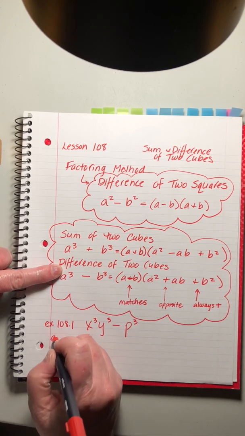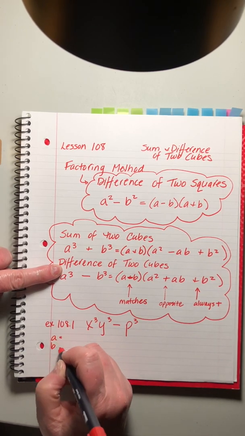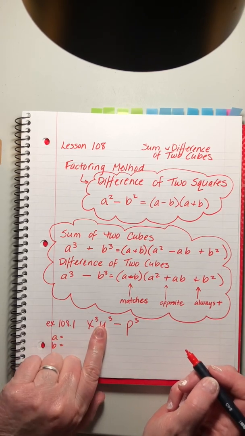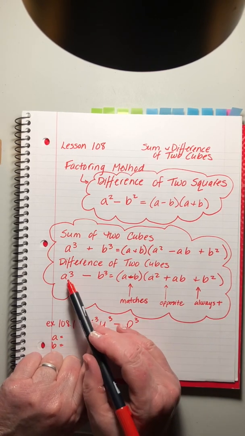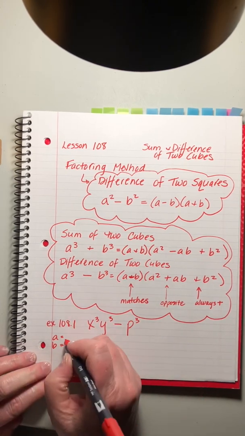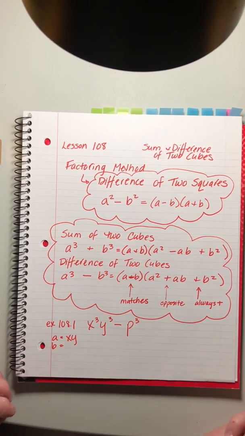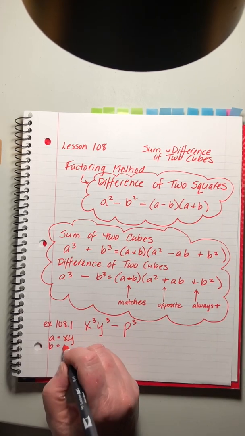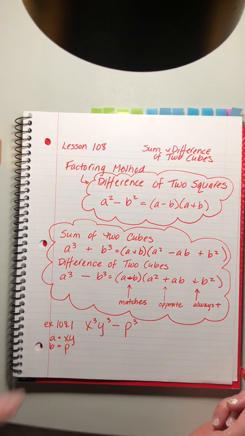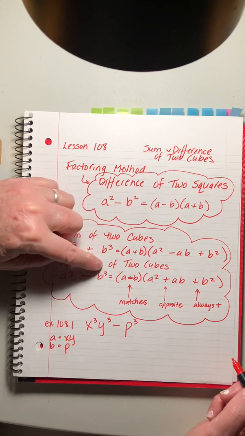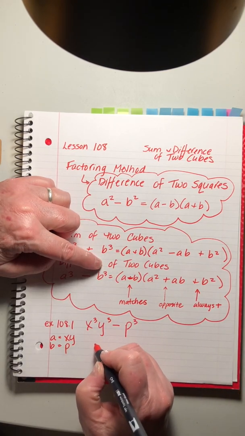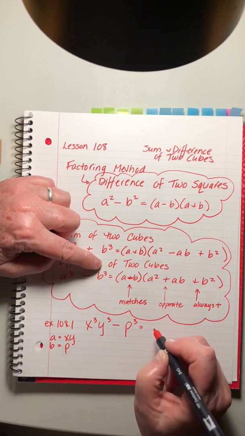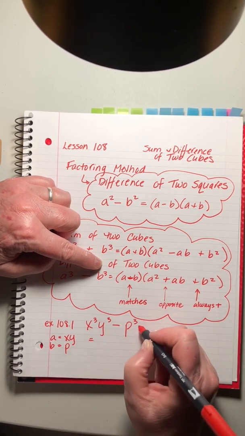What I like to do is, it seems so easy, and this one is fairly easy, but write down, okay, if this is A cubed, then what's A? A would be xy, right? We find the cube root of that term, and then we do the same for this one, p. That's going to make it much easier to fill in the blank here, which is what we need to do. We're going to say that this is equal to, I'm going to write it down here because I want more room.